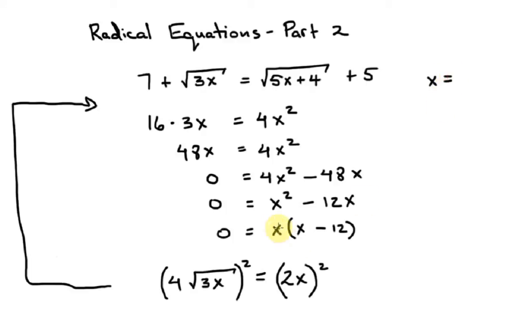If I make x 0, 0 times this stuff would make the right side equal 0 on the left. So 0 looks like a solution. And the other solution looks like 12. If I plug 12 in, 12 take away 12 turns that stuff into 0, and 0 times anything will make it equal 0. So I'm using the zero property there to come up with what look to be solutions.